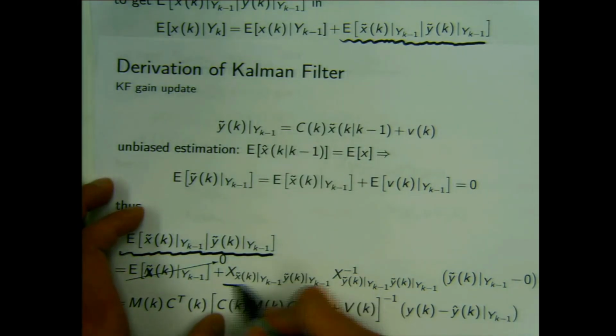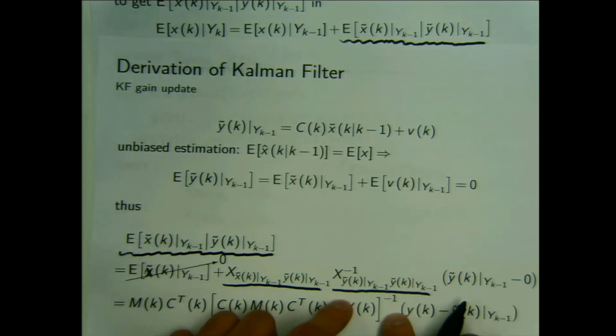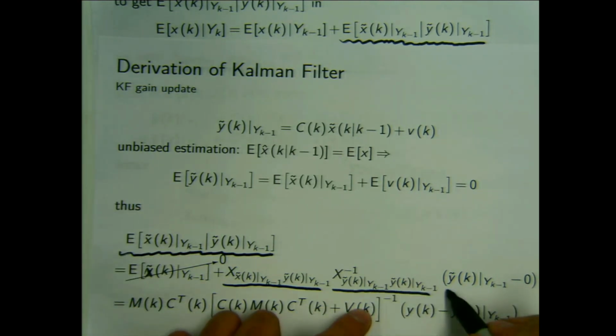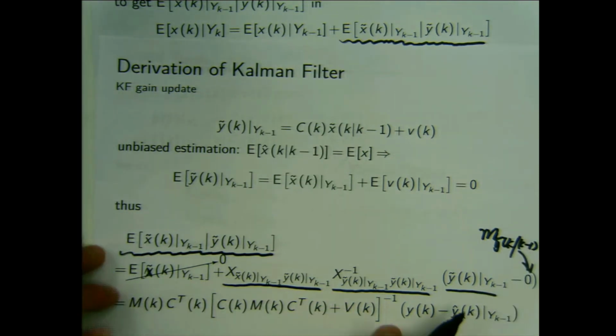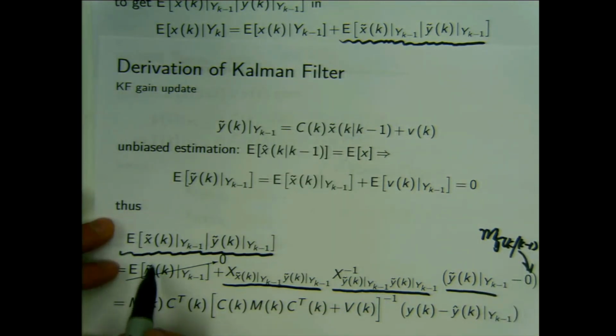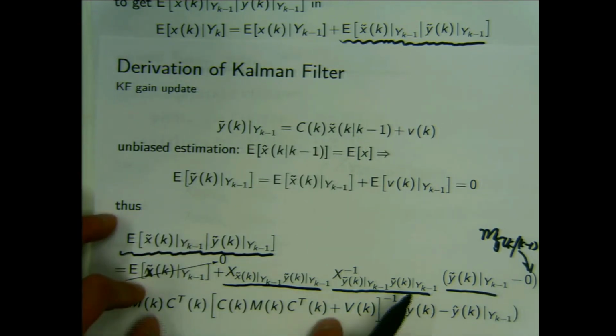This is the cross covariance between x tilde and y tilde, and this is the inverse of the covariance of y tilde. And then here, we have to know the mean of y tilde k given k minus 1, and then the mean of this term. But these are relatively much easier to obtain than the two central quantities here.